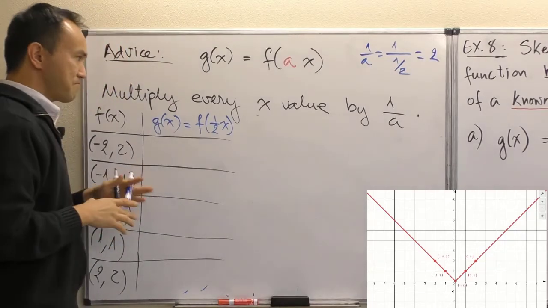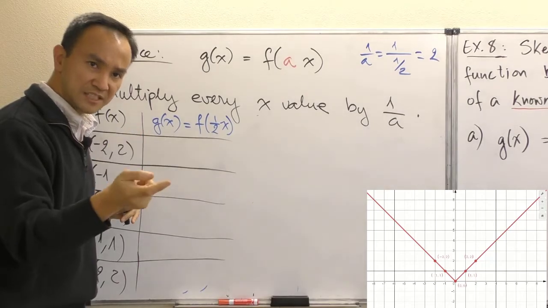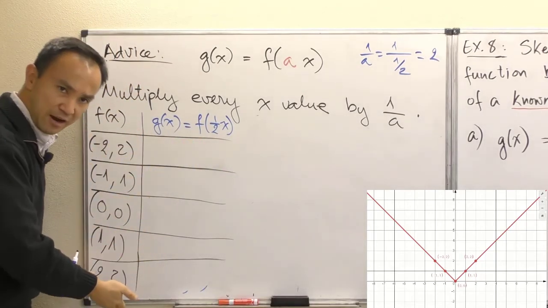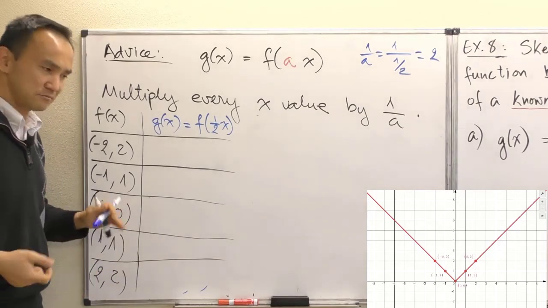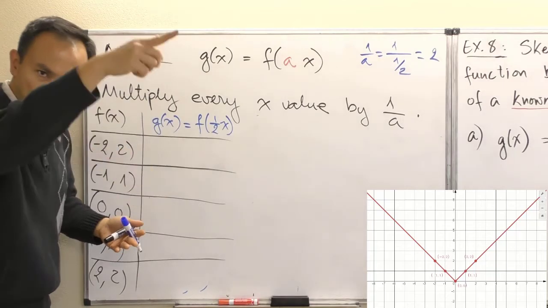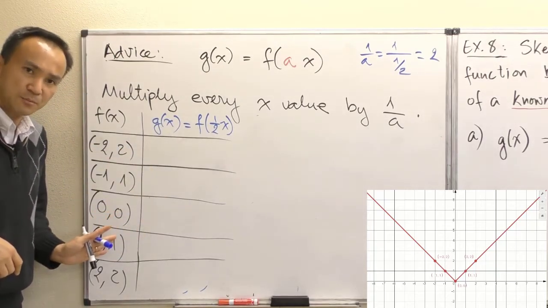So now this advice says that we're going to multiply every x value by 1 over a. These are all the x values that we need to focus on. Technically we have to do this for every x value on the trace that created that graph, but now we can just focus on this particular one.